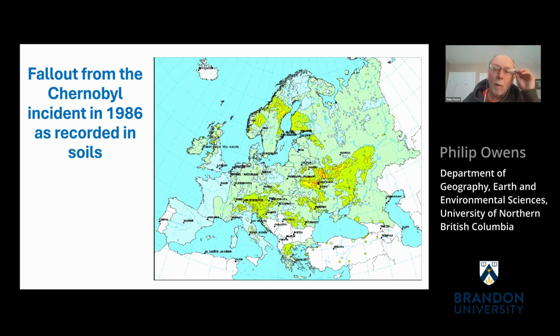And that's kind of what we're seeing here. So the idea that you get a varied distribution as a function of the prevailing wind patterns and also the mechanism to bring it back down to Earth, which is precipitation. So clearly in this case, not all parts of Europe had precipitation at the same time when this plume of material was moving around. So some areas received a lot of contamination and other parts did not.